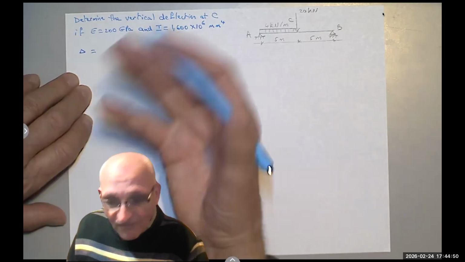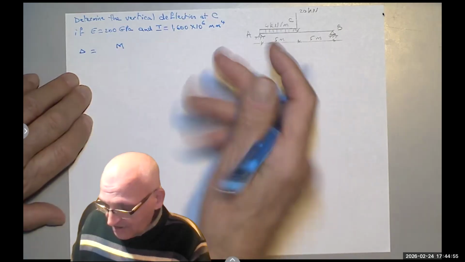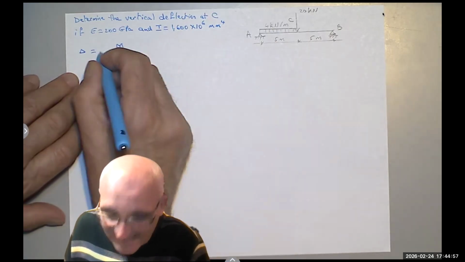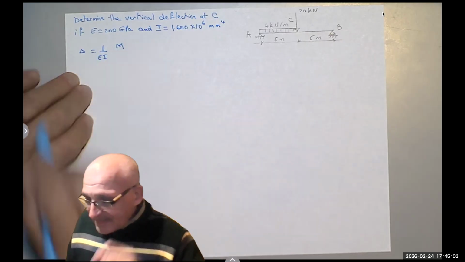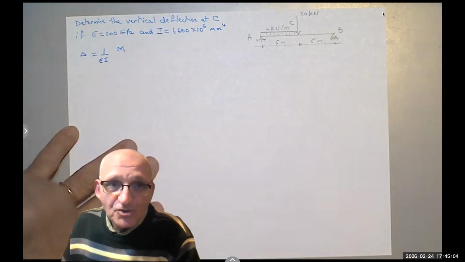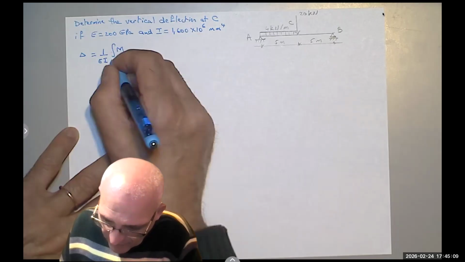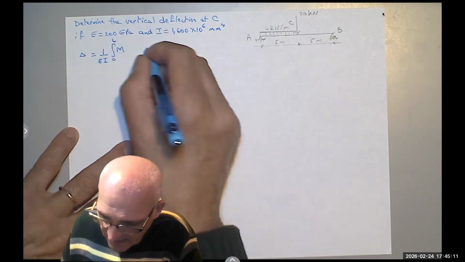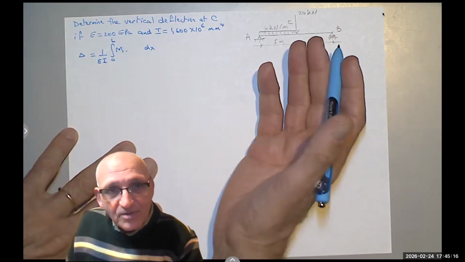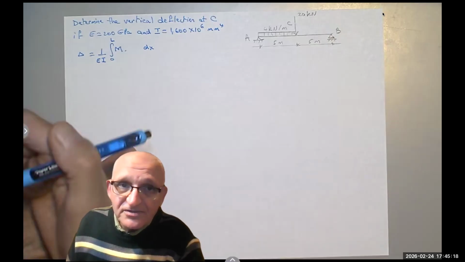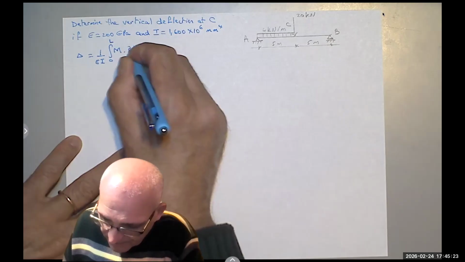In the case of a moment, it becomes ML, which is the length, over EI. So I'm going to take 1 over EI. But because the moment changes from point to point, I really need to take the integral from 0 to L dx, and then multiply, like we did there, with the partial derivative of F with respect to P. Here it would be M with respect to P.